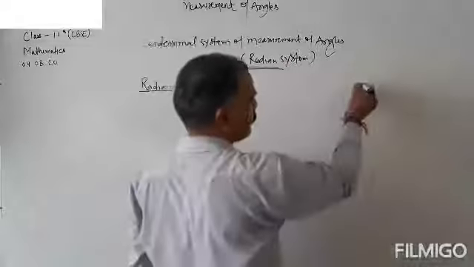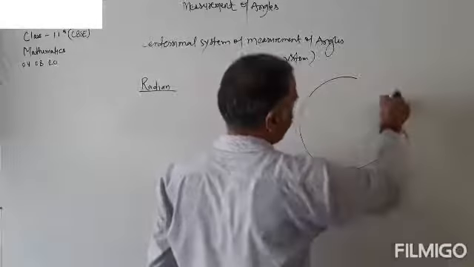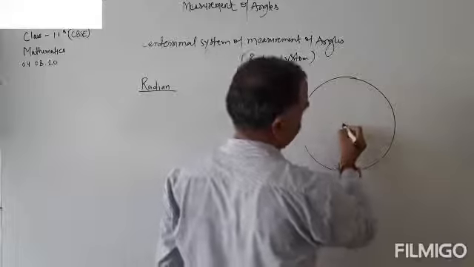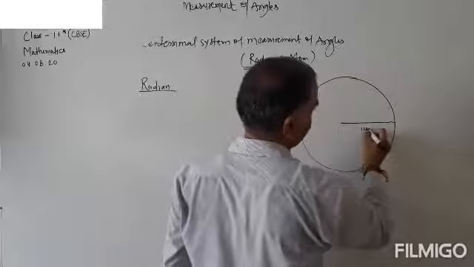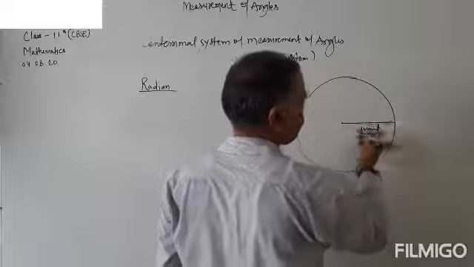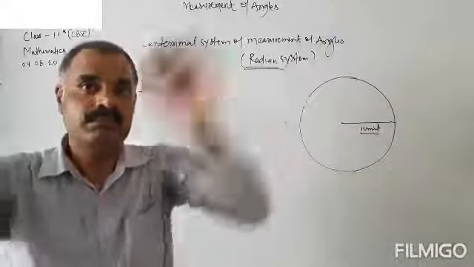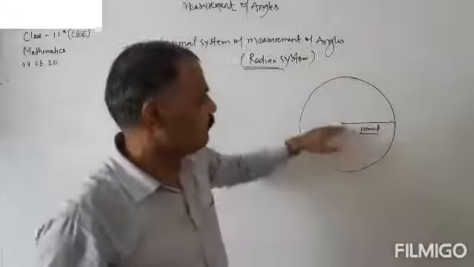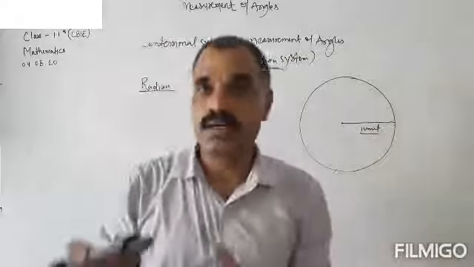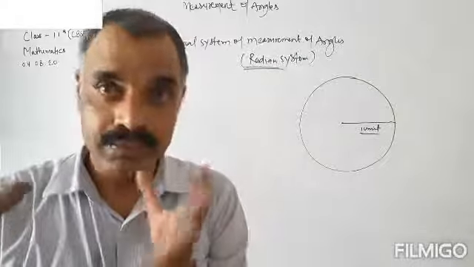Let's take a circle of radius 1 unit. The radius of this circle is 1 unit. Now, what is 1 radian? I am defining the term radian.